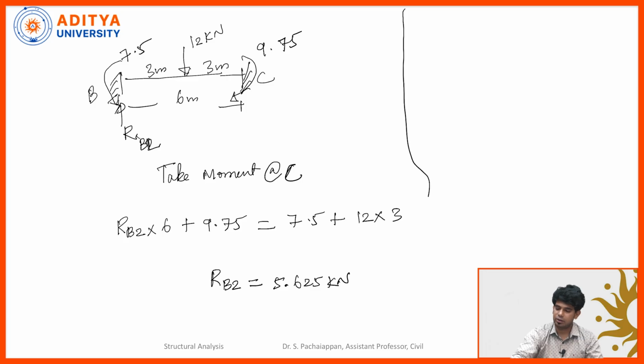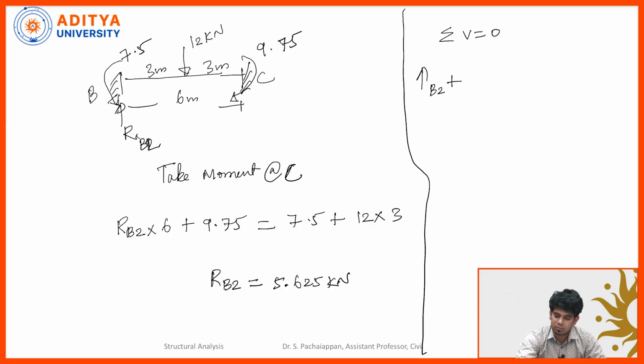Now once again I need to use the equilibrium equation, which is the summation of all the vertical forces equal to 0. So our RB2 is acting upward, plus our RC is acting upward, minus our point load acting in a downward direction, which is 12 kilonewton, equal to 0.